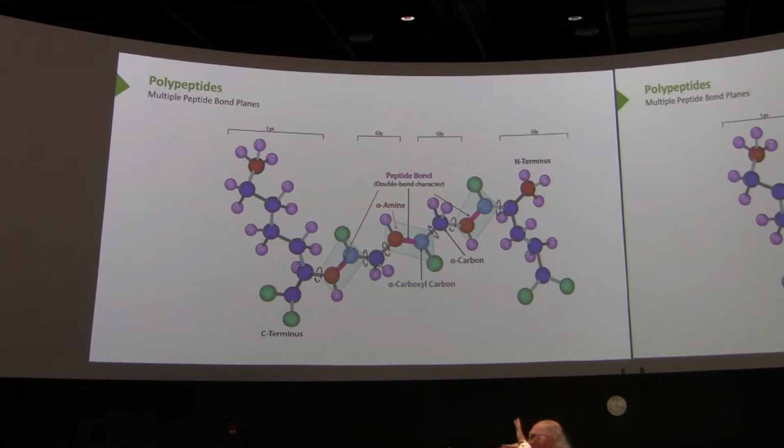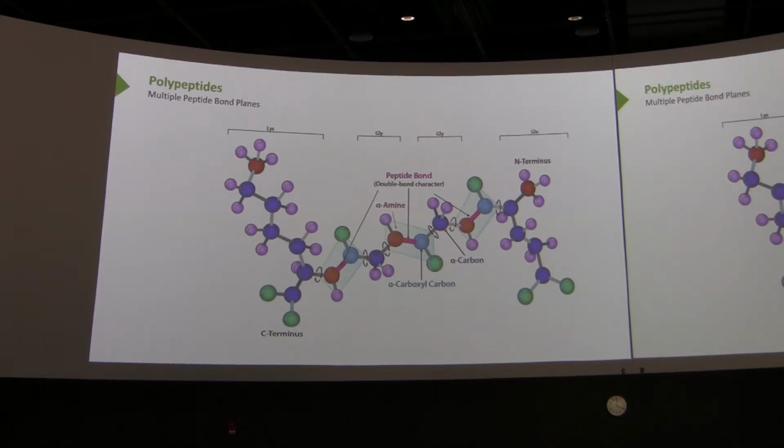Everybody got that? Okay. So when we think about the backbone of a protein, there are three relevant bonds. The peptide bond, and each of the single bonds to the alpha carbon. We can also think about the backbone of a protein as containing the two atoms of the peptide bond separated by an alpha carbon.